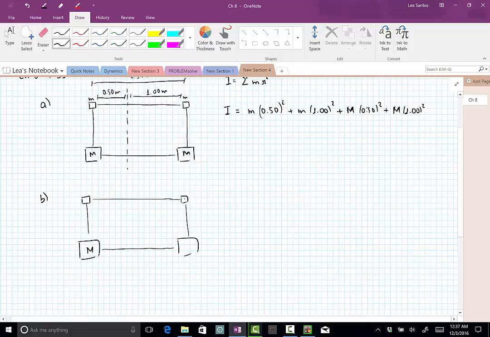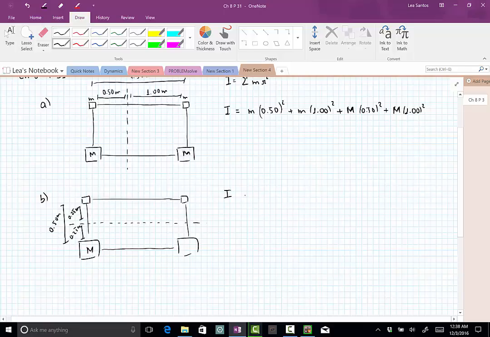And now we have the axis of rotation placed right at the middle of the separation between these small and big masses. And this whole distance here is 0.50 meters. So we know that each one here is 0.25 meters. And again, we'll be able to find the moment of inertia.